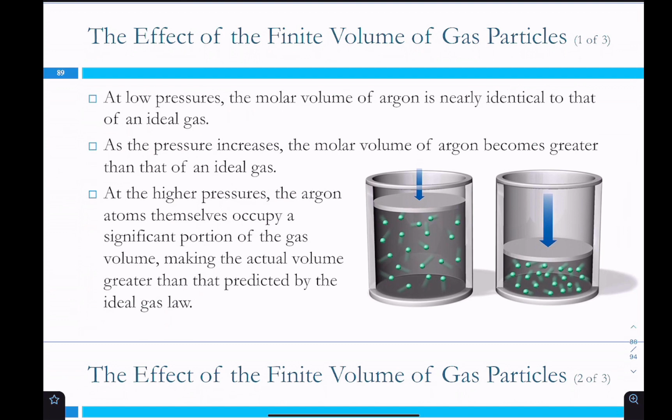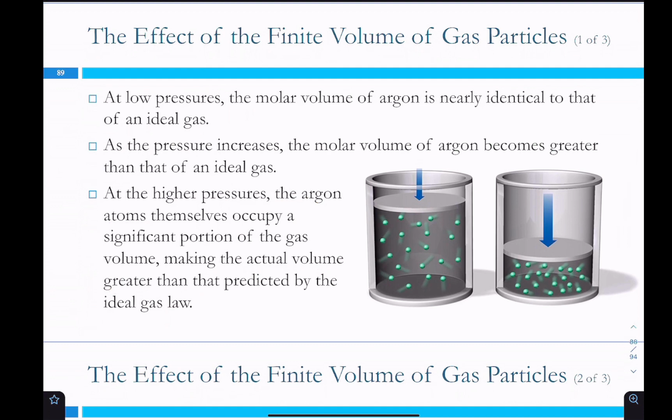But as you increase the pressure, the molar volume of argon becomes greater than that of an ideal gas, because at high pressures, the argon atoms themselves occupy a significant portion of the space inside. So that makes the actual volume greater than that predicted by the ideal gas law, because the ideal gas law is ignoring all of the space that the particles take up.